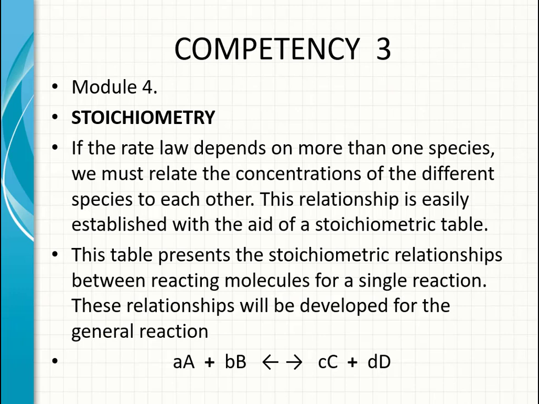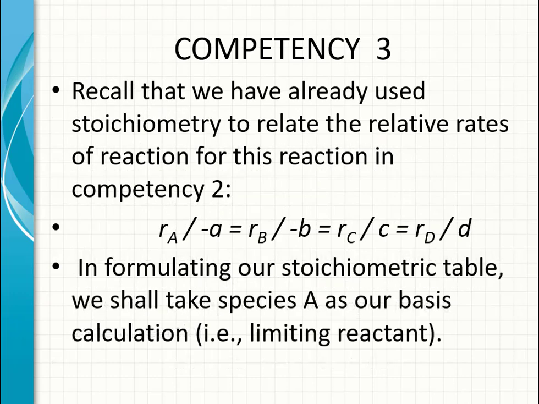These relationships will be developed for the general reaction, aA plus bB goes to cC plus dD. We must remember that the lowercase letters are the stoichiometric coefficients and the capital letters are the reactants or products. We must recall that we have already used stoichiometry to relate the relative rate of reaction for this reaction when we saw competency 2.